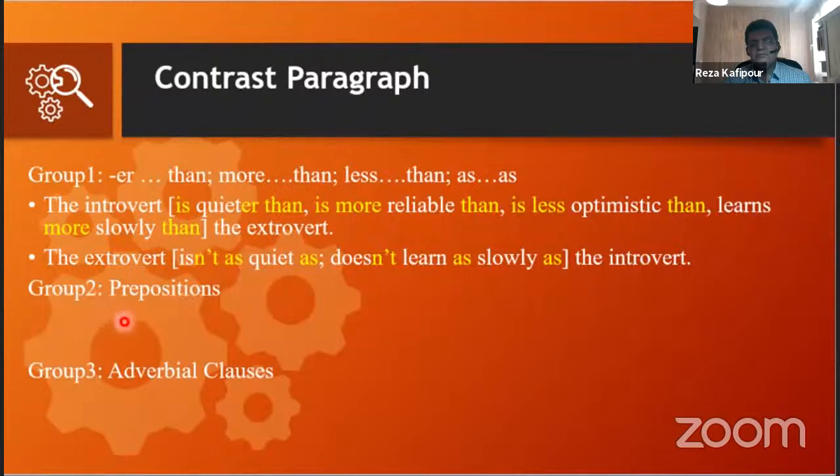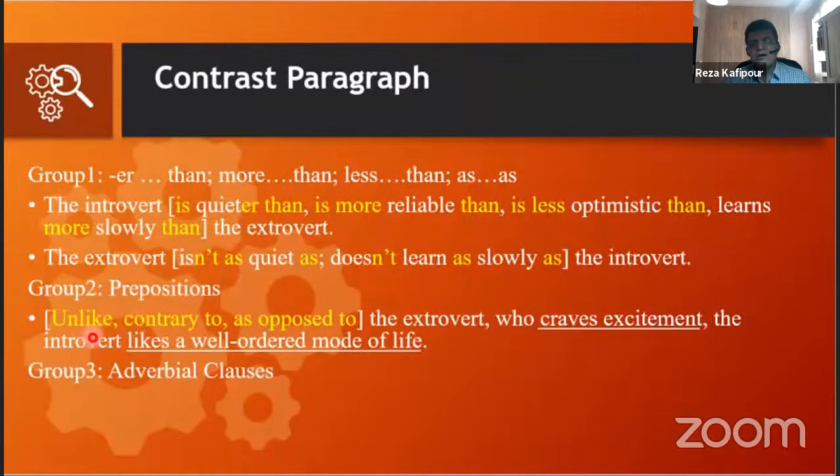The other group is prepositions. Using unlike, contrary to, or as opposed to shows differences between two concepts or persons. For example, unlike the extrovert, who craves excitement, the introvert likes a well-ordered mode of life. As you see, here we have a dependent clause, but it is not mandatory. For example, we can say, unlike the extrovert, the introvert likes a well-ordered mode of life.